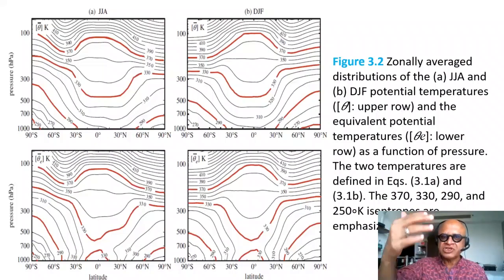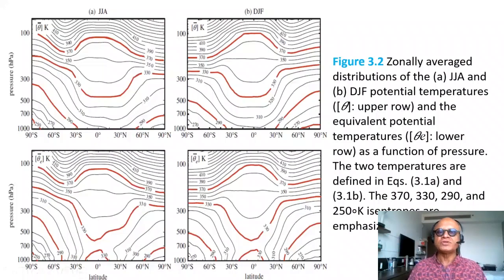So the structure is determined by the fact that there is convection. So we'll see that the equivalent potential temperature shows that instability which is satisfied by convective activity, but it's kind of a chicken and egg argument about how convection is driven in the first place.